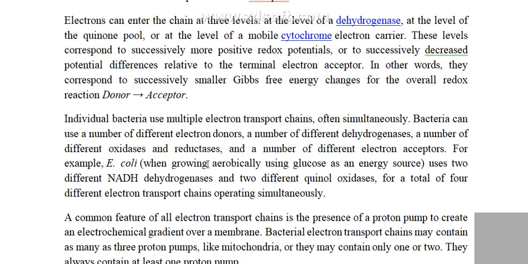So for example, E. coli uses 2 different NADH dehydrogenases and 2 different quinol oxidases. So in total it uses 4 different electron transport chains, and these 4 different electron transport chains operate simultaneously.